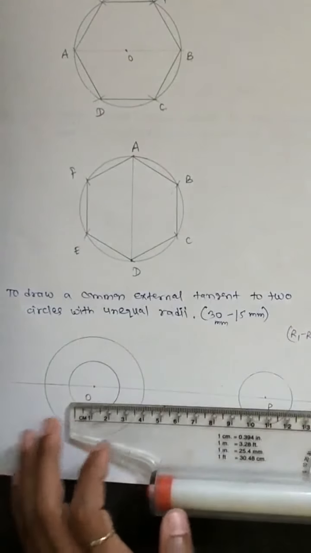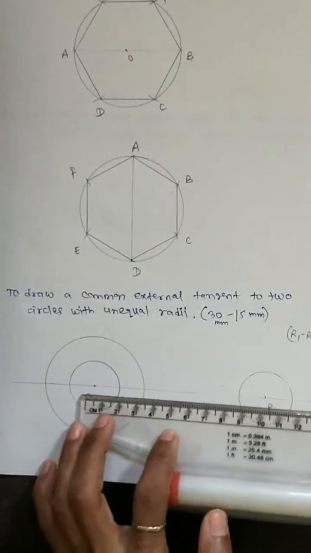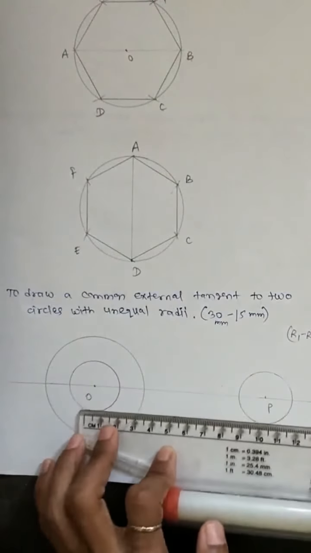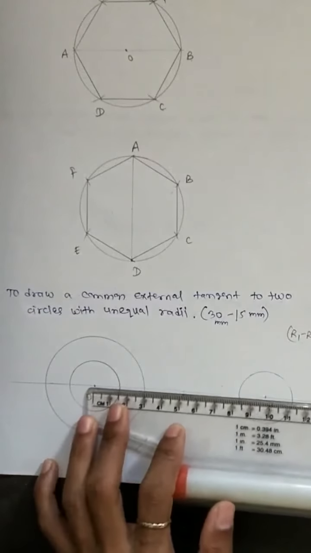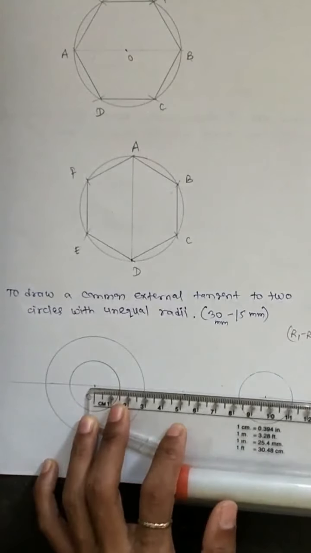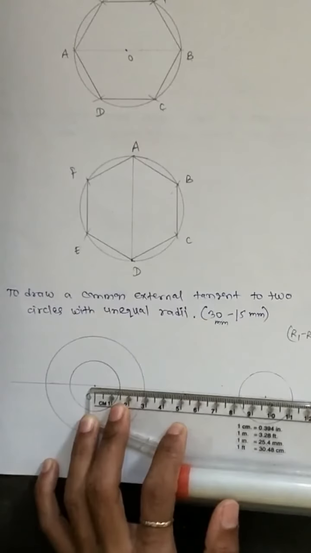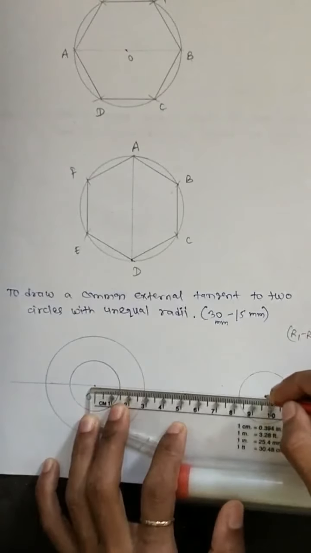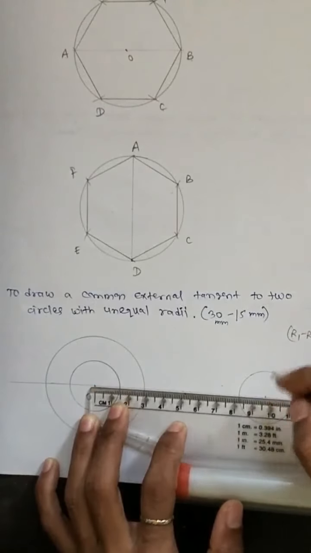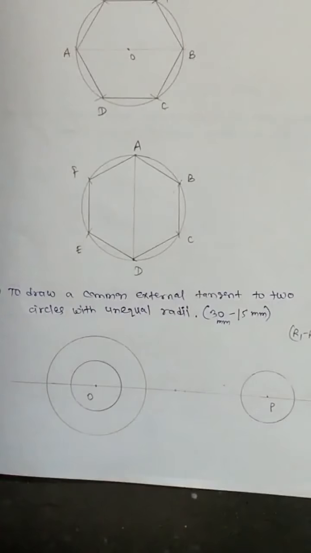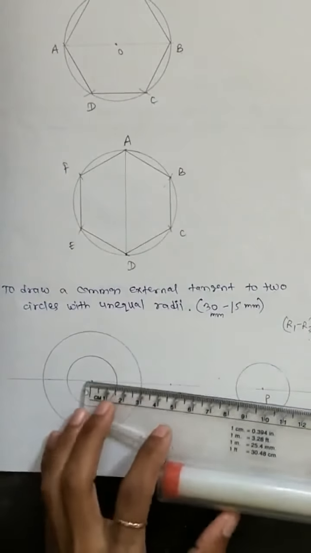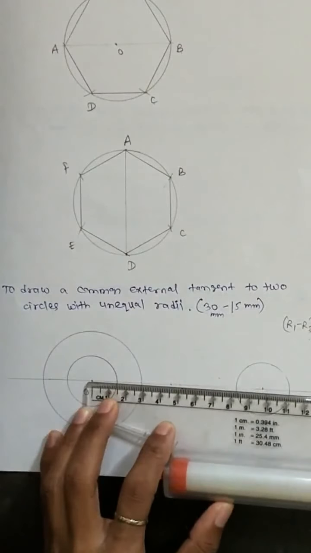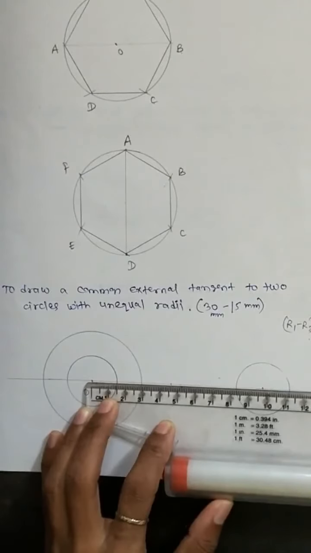Then take the center point of line OP. So line OP has a distance of 98. So I will take half of 98, that is 49.